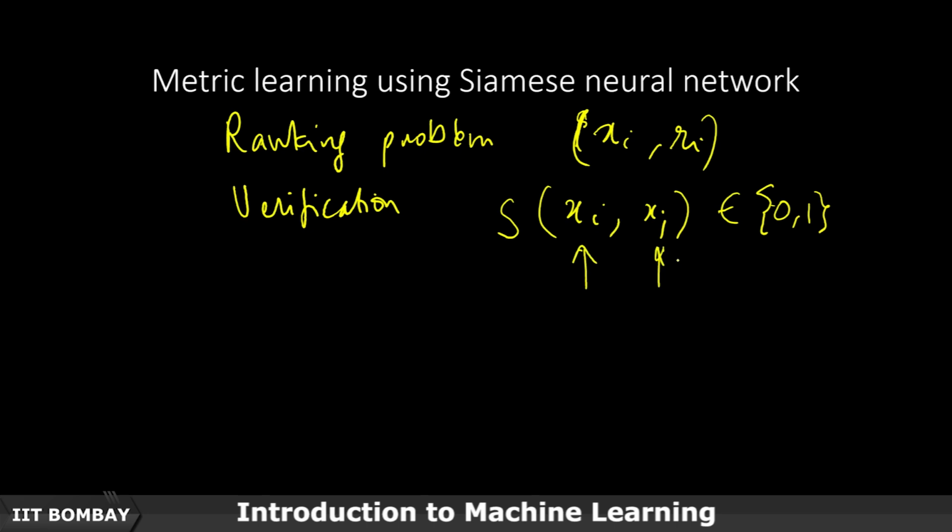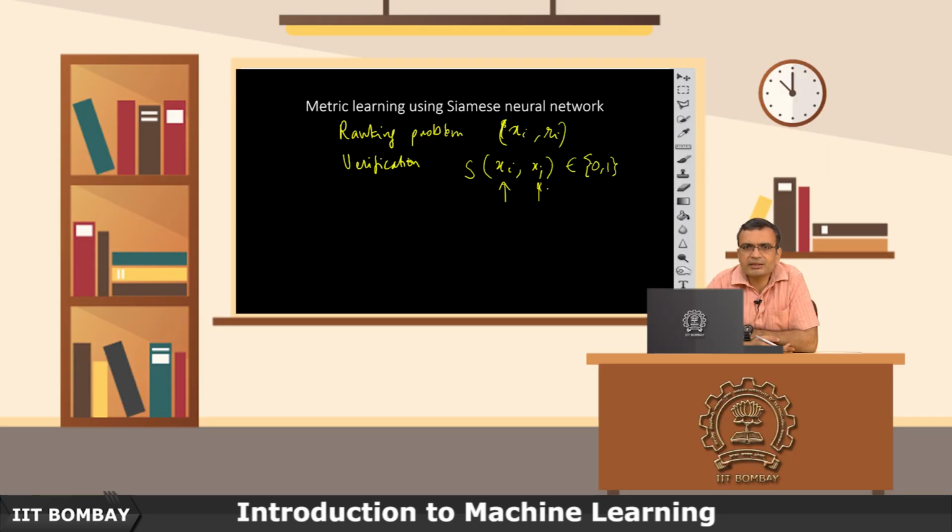So it is similar or dissimilar. That is what we are trying to do. Here what is useful many times is to take this xi and predict a yi such that the yi is easily comparable. Now this xi, because it is an image or it could be something else, could be a big vector or a big two-dimensional array.